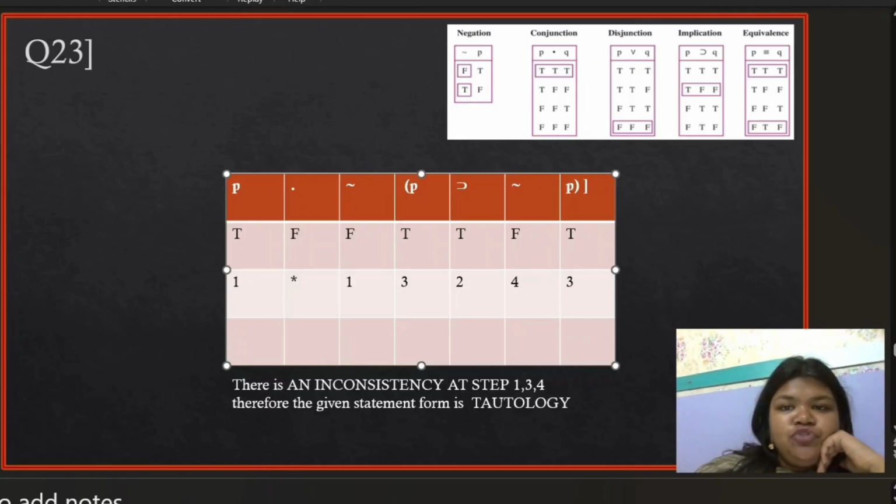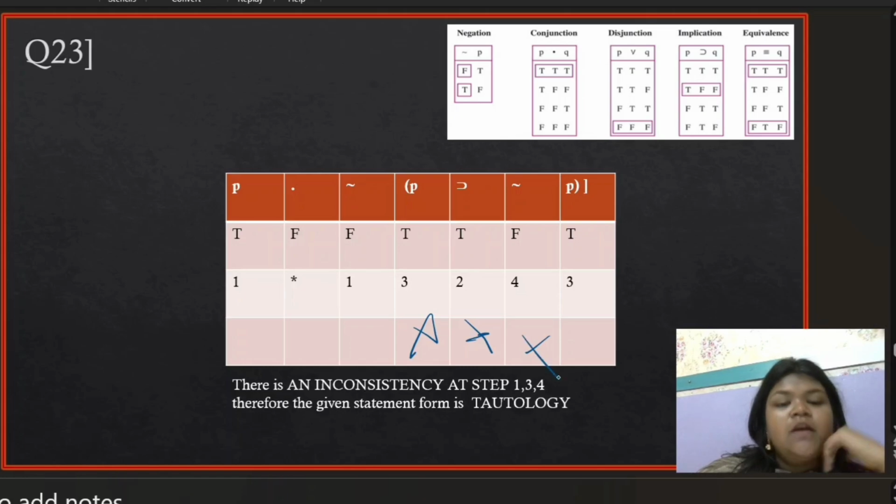So now if you check, you will find inconsistency over here. TTF, because you do not have anything as TTF over here. So here your sum is clear.